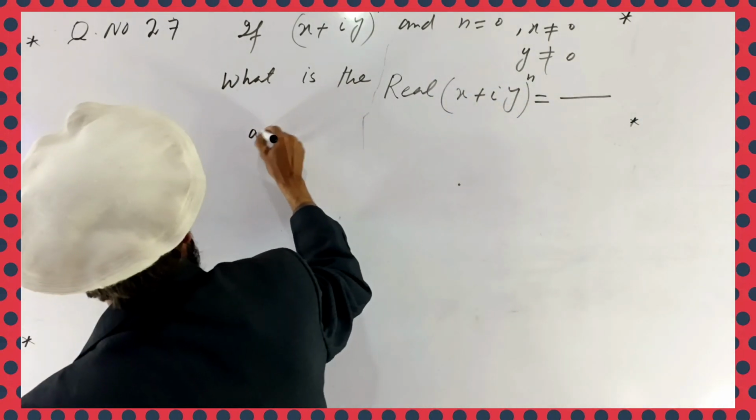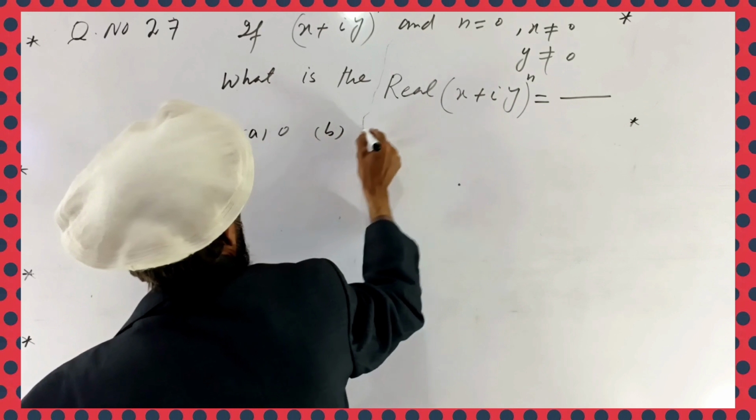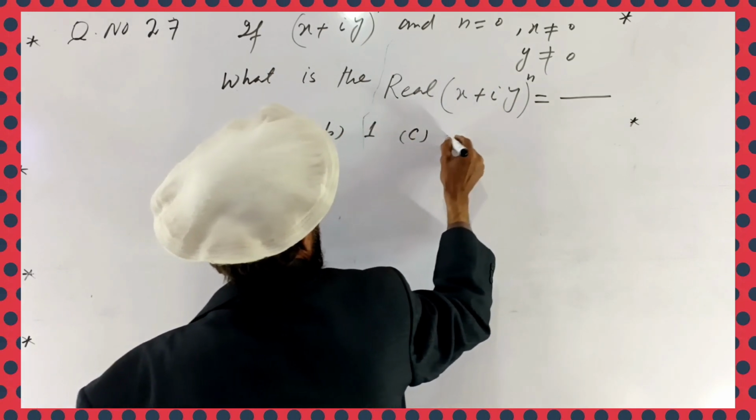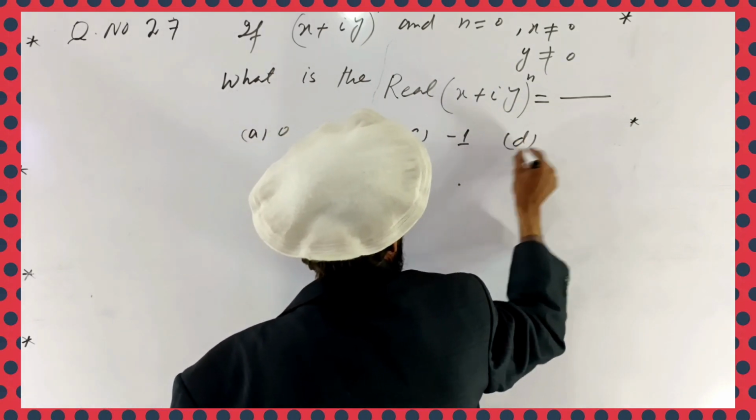So the result will be equal to 0, 1, minus 1, or iota.